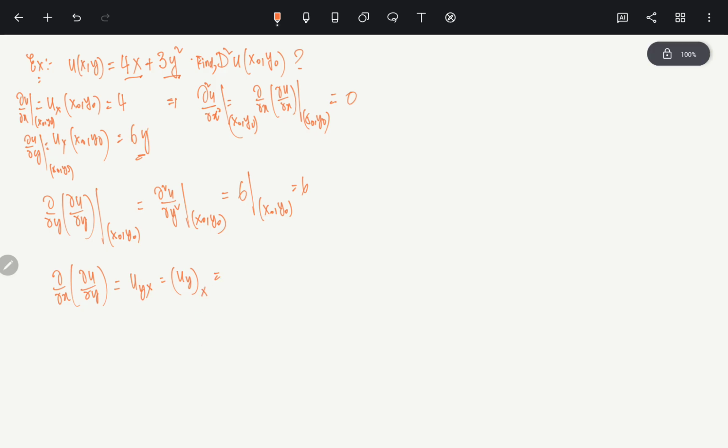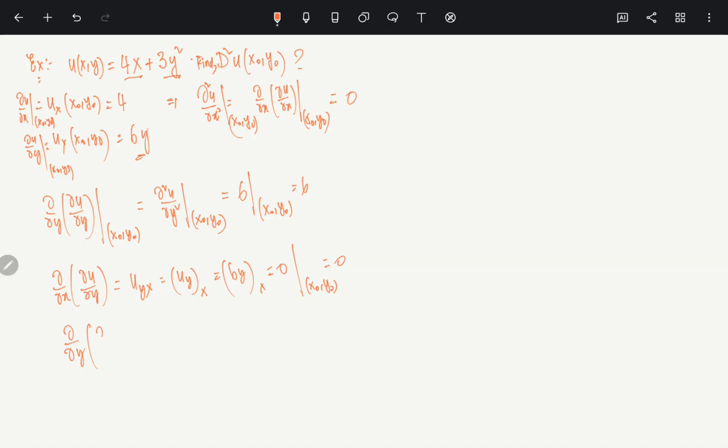So first you find u of y, which in this case is 6y. With respect to x, this is going to be 0. Of course, the whole calculation is evaluated at the point x naught y naught, which again turns out to be 0. I'm not writing all that; you can do it yourself.